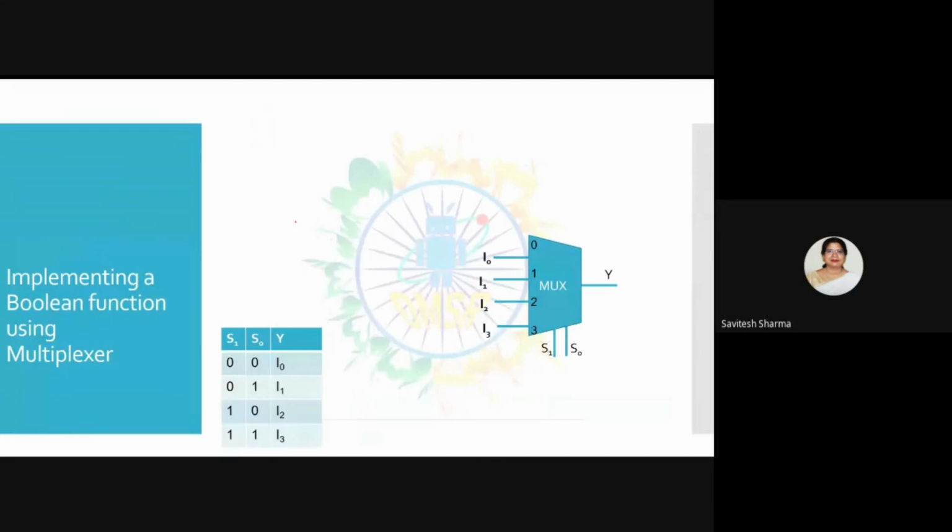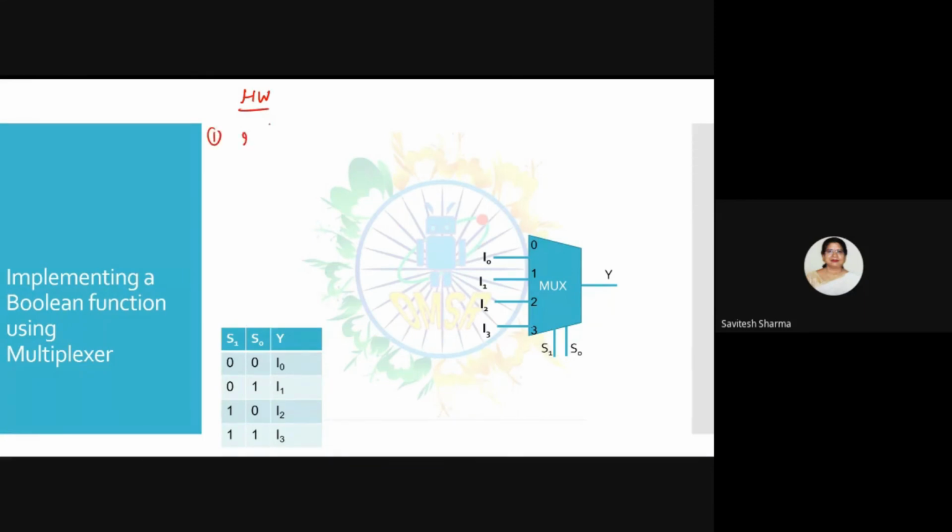Implementation of Boolean functions using a multiplexer, I will tell you tomorrow. To revise the multiplexer, what is a multiplexer and what are the 2:1, 4:1, 8:1 multiplexers, please learn and try to implement as homework. I am giving you homework.